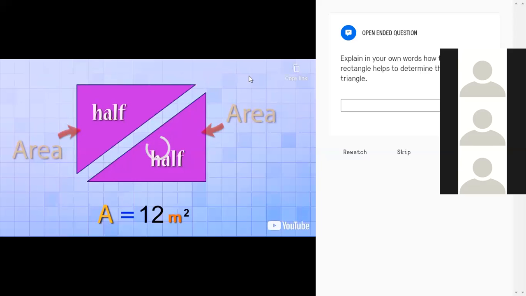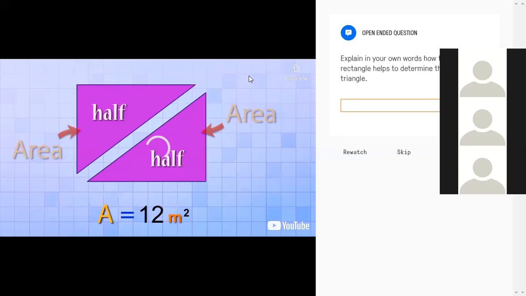All right. So explain in your own words how the area of the rectangle helps determine the area of the triangle. So this one is a sentence. And again, I can't see the chat box right now. It won't let me during this video, and I'm so sorry for that. So does anybody want to raise their hand and tell me what sentence I should type?